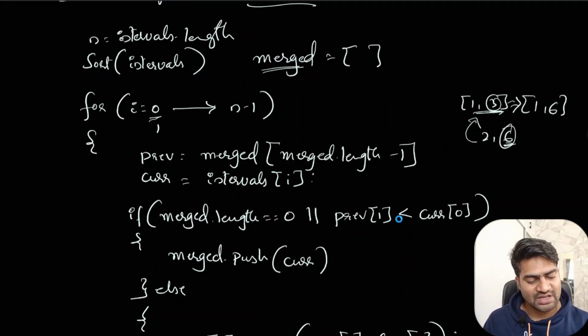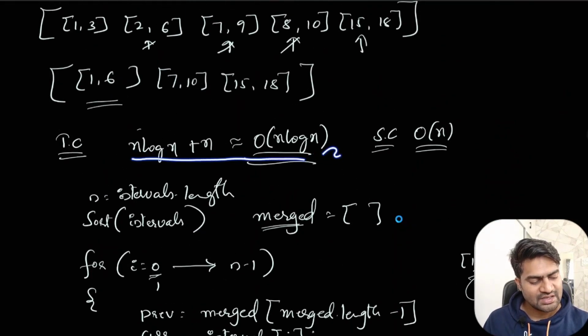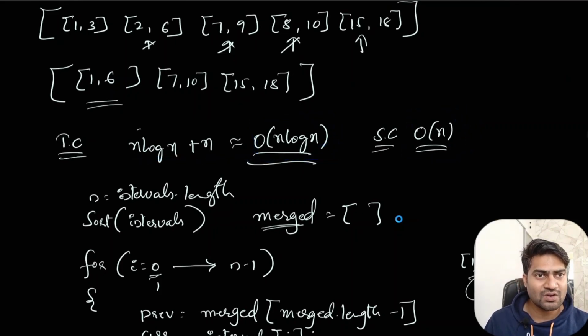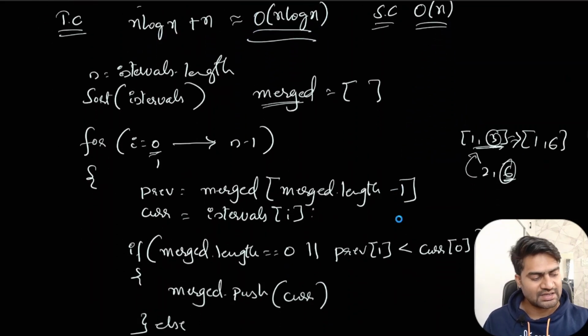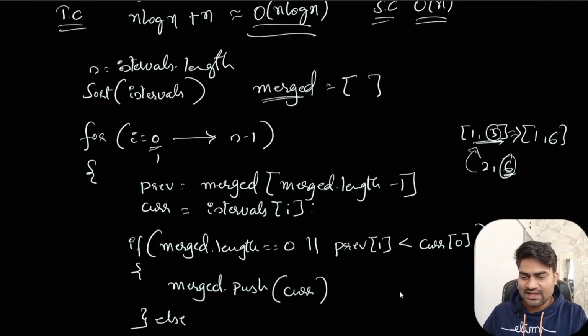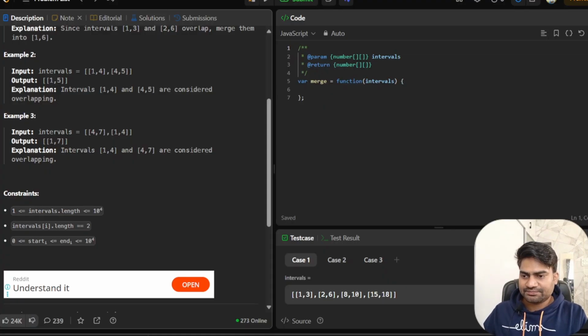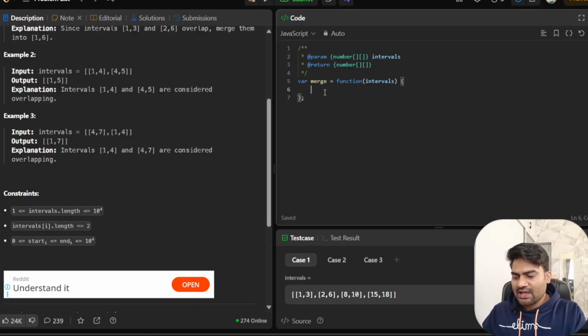Okay, so we have already seen the time complexity. We should be able to solve this in order of n log n time complexity and order of n space complexity. With that, let us try to execute this and see. So now what I will do, I will take const n equal to intervals dot length. Then I will take a merged array, which is empty array initially.